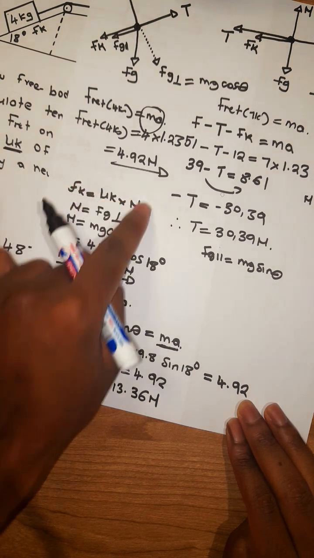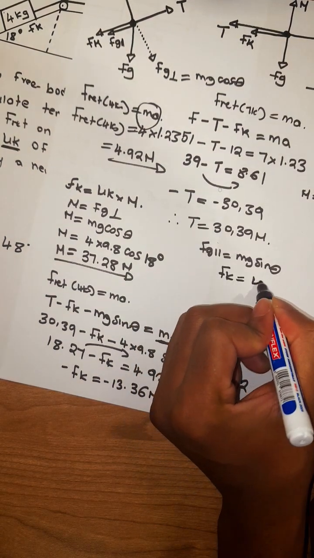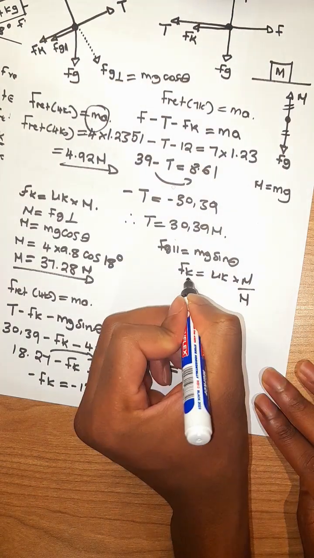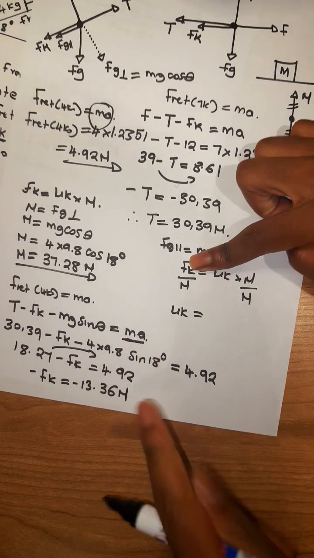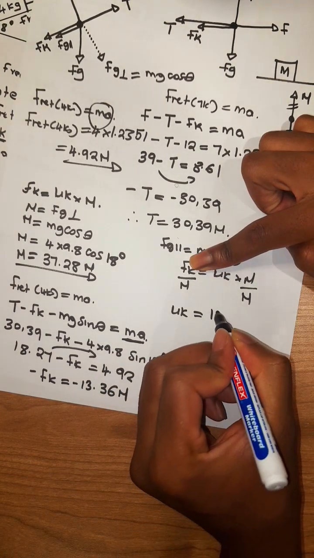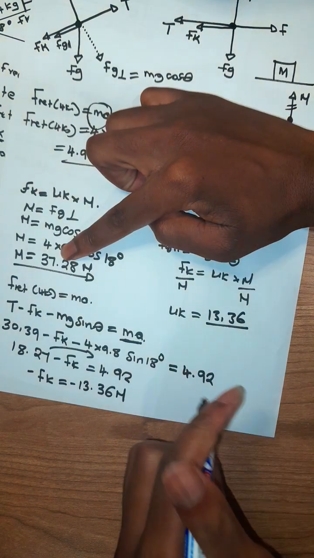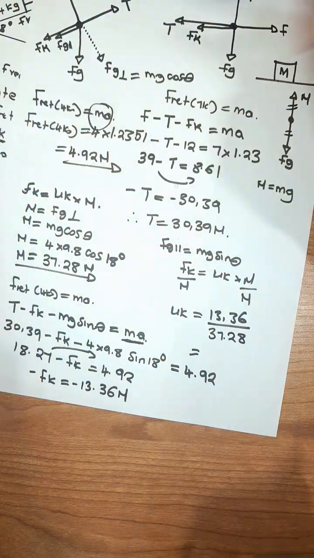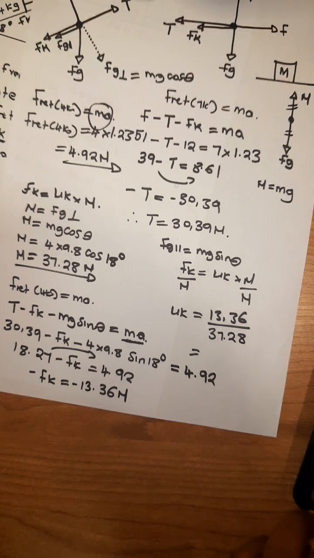So if you substitute, you can find mu k. If Fk equals mu k multiplied by normal force, and I divide both sides by the normal force, I find that mu k is the same as friction divided by normal force, so 13.36 divided by 37.28.